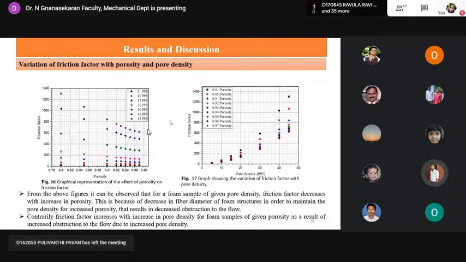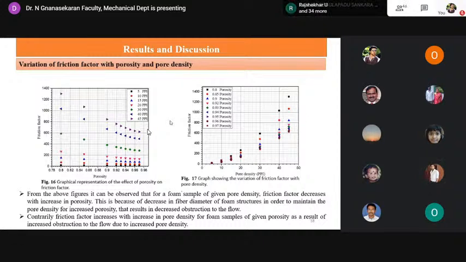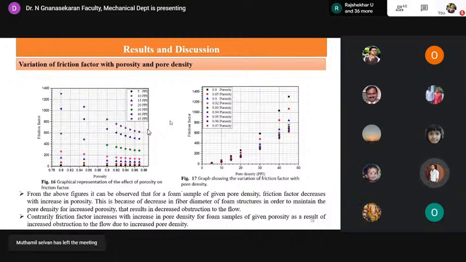On the other side, with respect to pore density, there is an increasing trend in the friction factor. For 0.8 porosity you can see the friction factor to be more, and for 0.97 the friction factor is less compared to 0.8 when there is an increase in pore density.